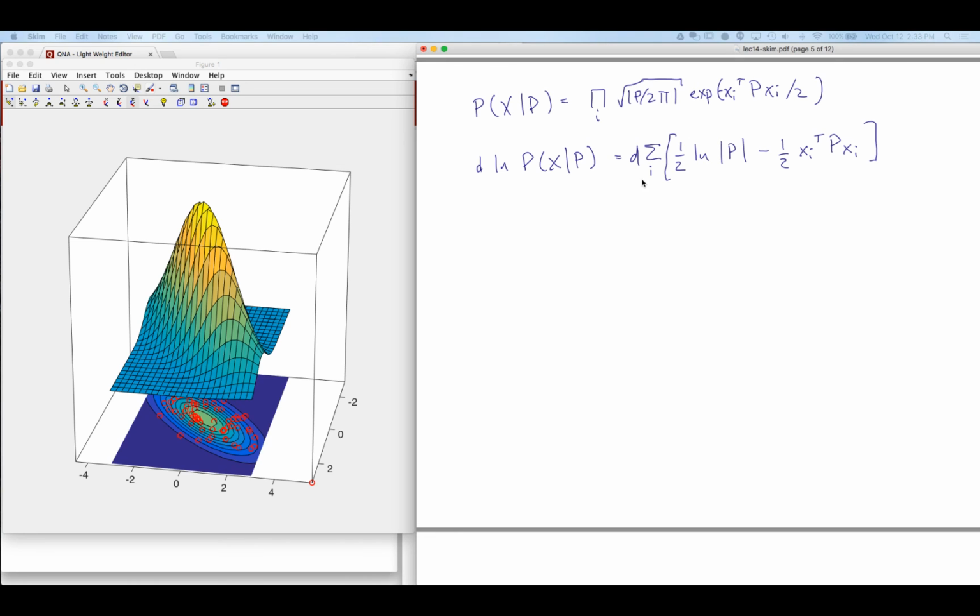Okay, so when we go through, the differential goes through by linearity, and we actually know from the last set of lecture notes what the differential of log determinant is, and that happens to be the trace of P inverse dP, minus xi transpose dP xi.